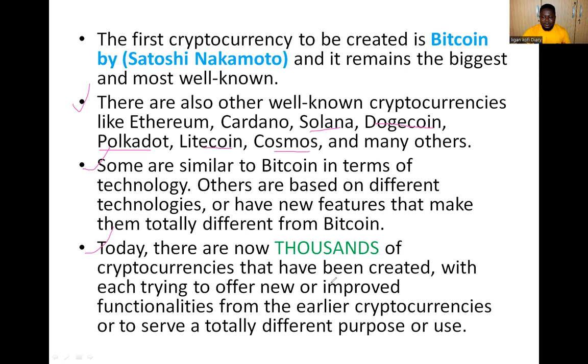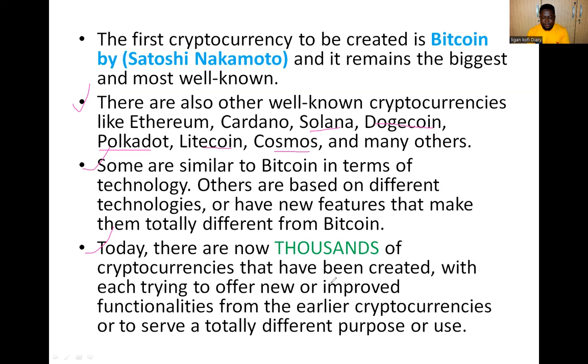These cryptocurrencies that are coming have different uses. That is the white paper. The white paper will tell you what that cryptocurrency stands for and what it seeks to achieve. If a cryptocurrency will last, it will depend on the white paper.